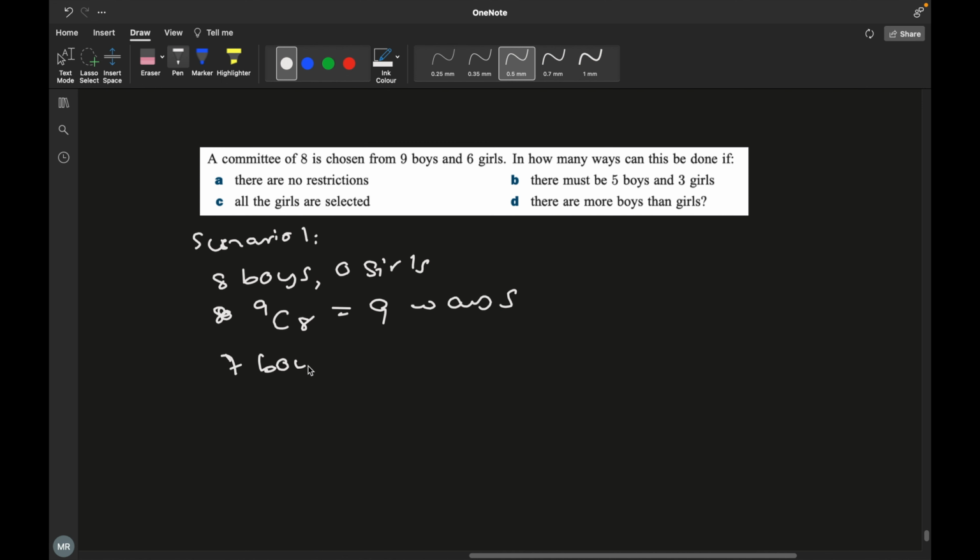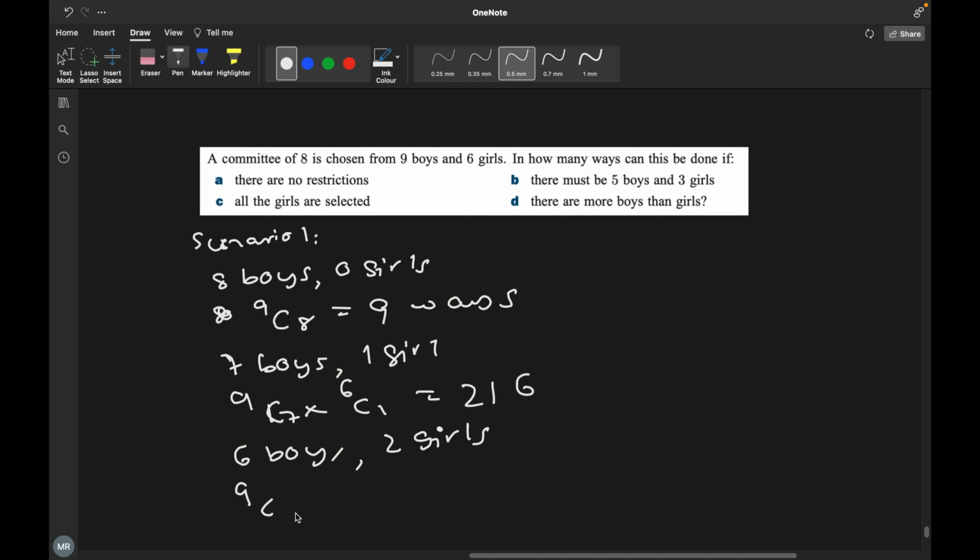7 boys, 1 girl. That's going to be 9C7 into 6C1, which is 216. And now we'll write 6 boys, 2 girls.